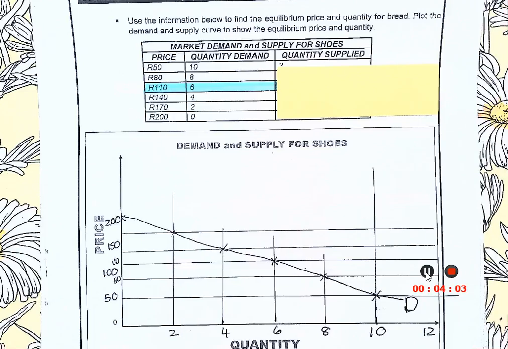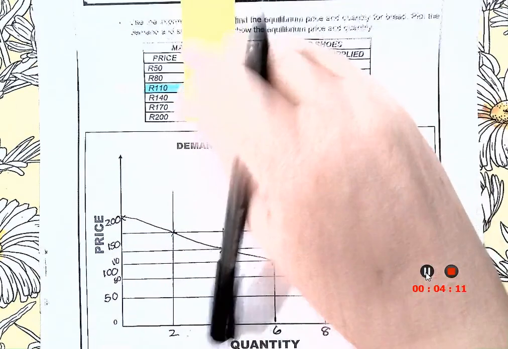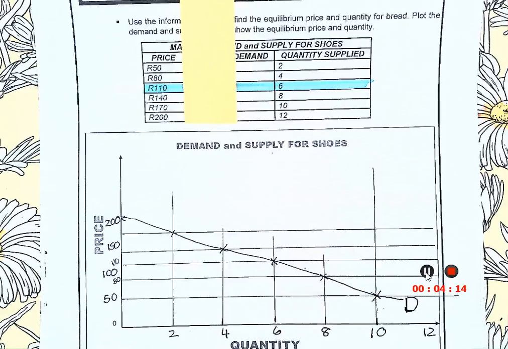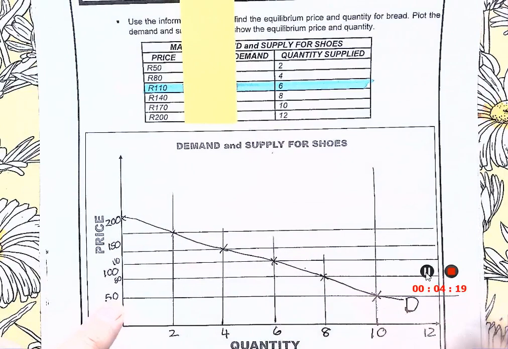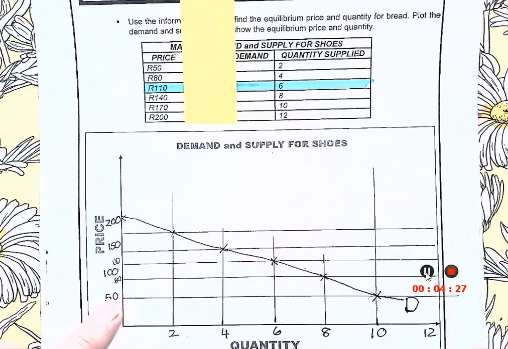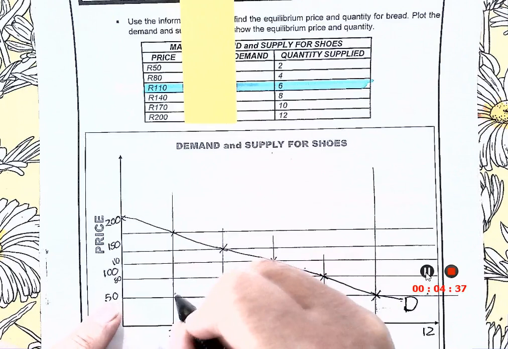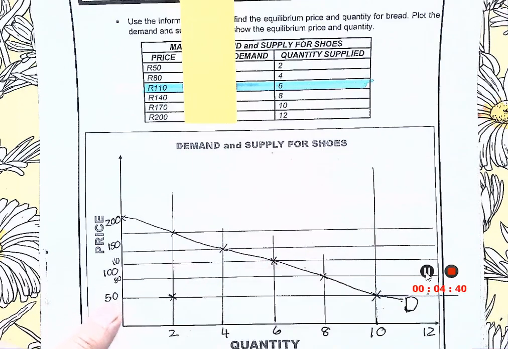Now I want to do the supply. So I'm going to do exactly the same. The price is 50. Now you don't have to draw the lines, and my life is easier because I did. So my quantity supplied would be 2.